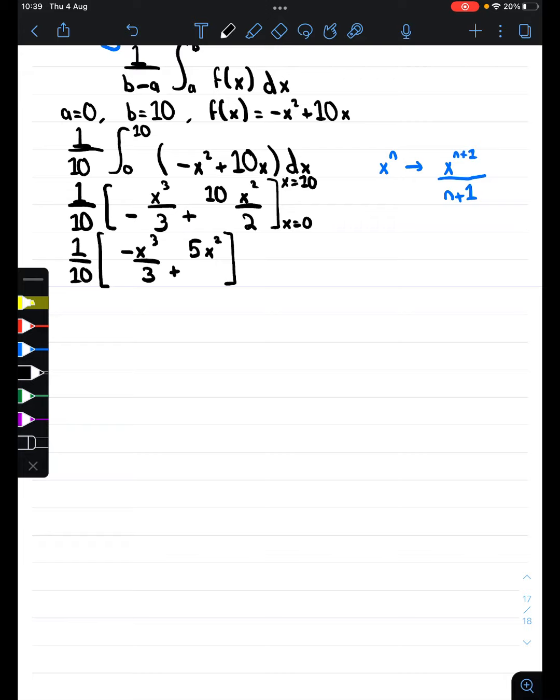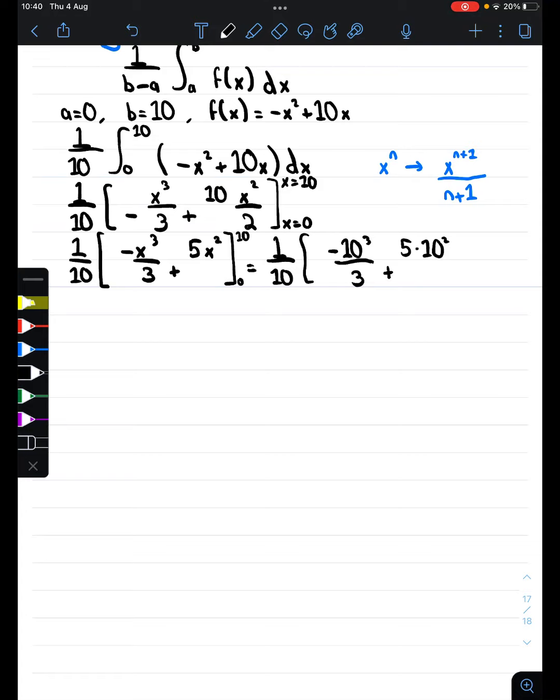Okay, so between 10 and 0. So 1 over 10 times minus 10 cubed over 3 plus 5 by 10 squared, and then minus evaluating it at 0. But because these are just x terms, we just have 0 cubed over 3 plus 5 by 0 squared, and you just get nothing.